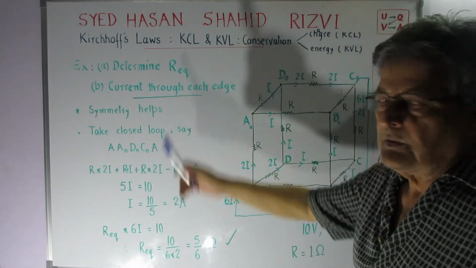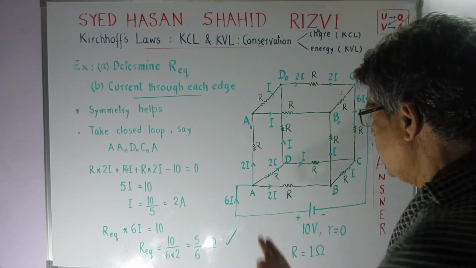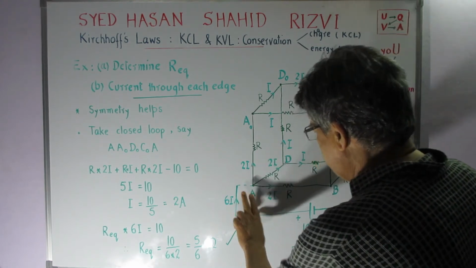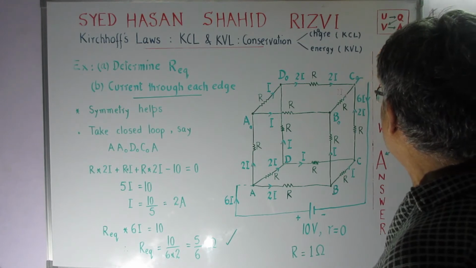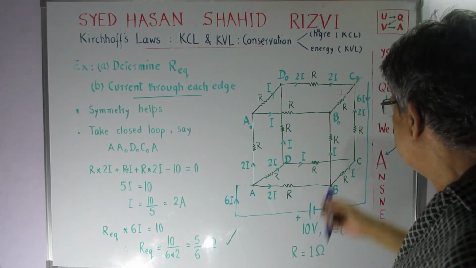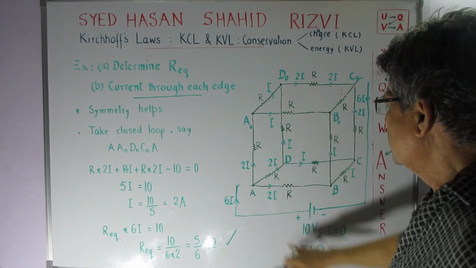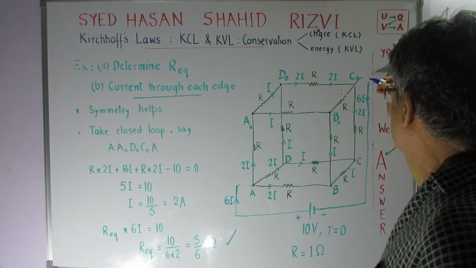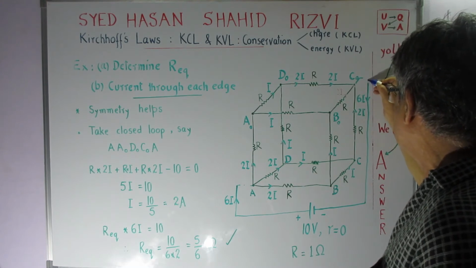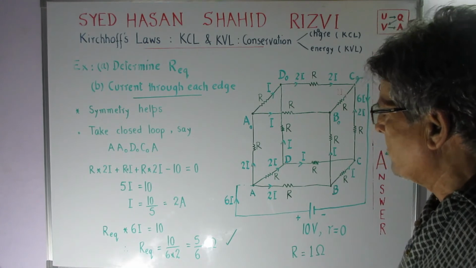for determining the value of R equivalent between the points A and C naught. Okay, between this point and this point, now it is just a network of resistances, nothing else, but we can connect this like this, and connect it like this, no problem.